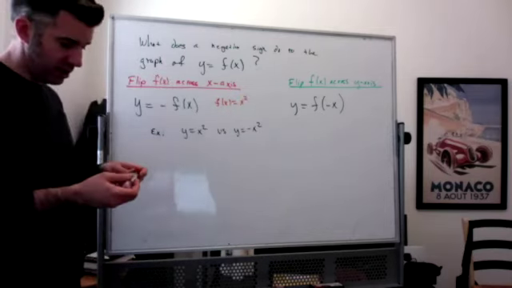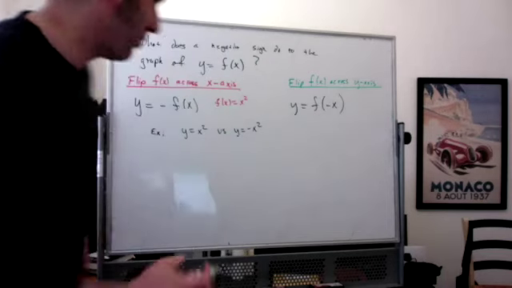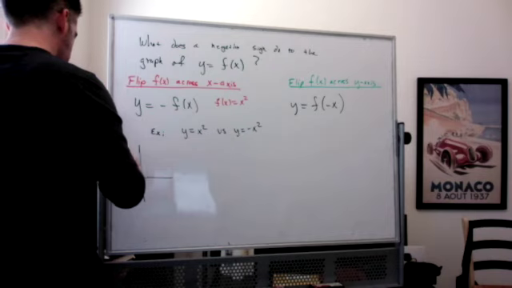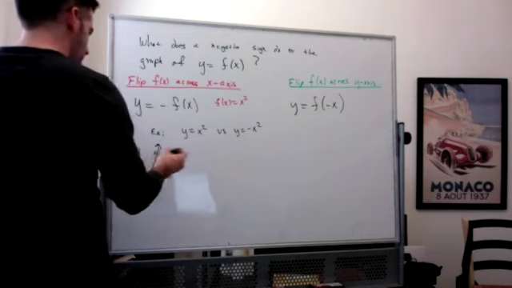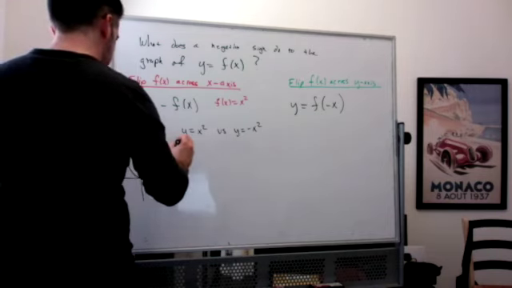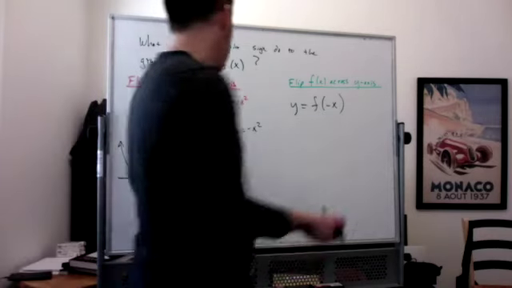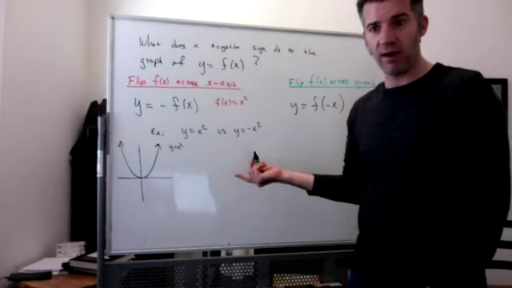We know what that looks like. Y equal to x squared is your good old upward opening parabola. There's y equal to x squared. But if you do y equal to negative x squared, you're putting a negative on all your y values.